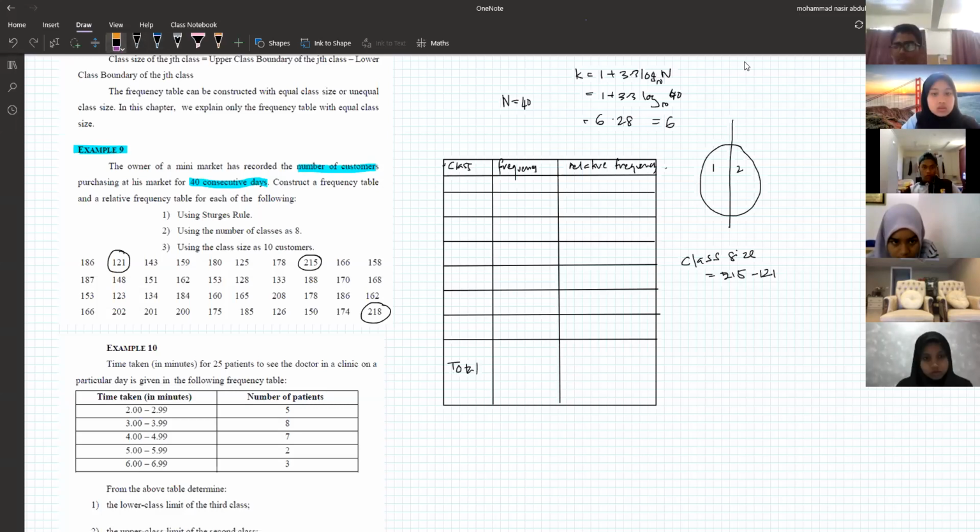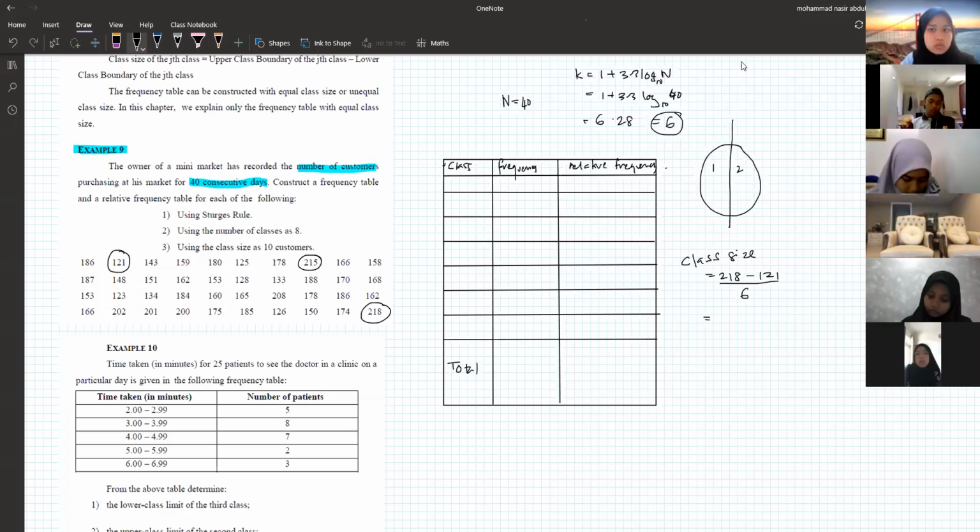The lowest value is 121. Divide by k. Our k is equal to 6. So 218 minus 121 divided by 6, you will get 16.17. So we will use 16 as our class size.